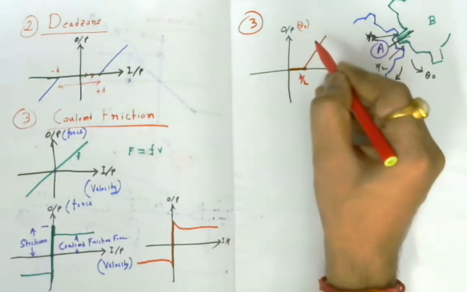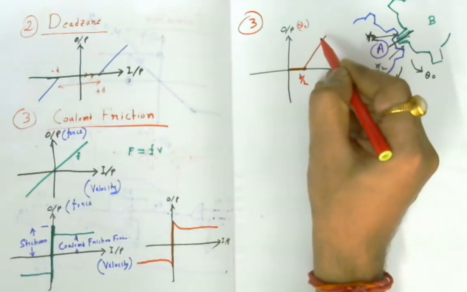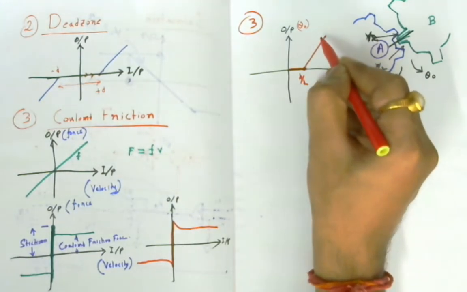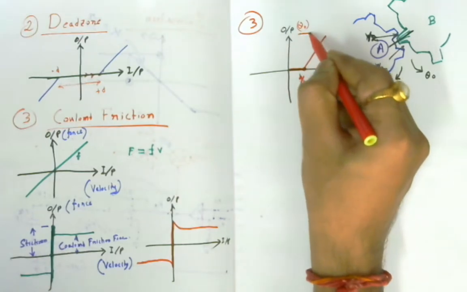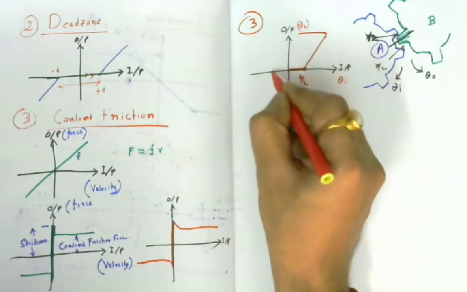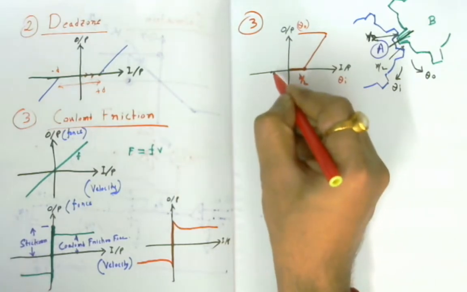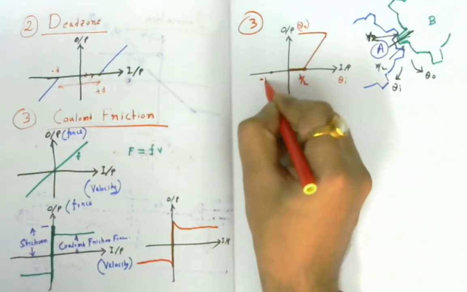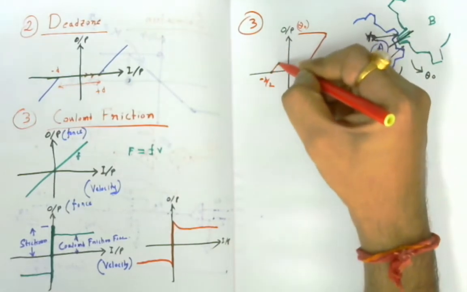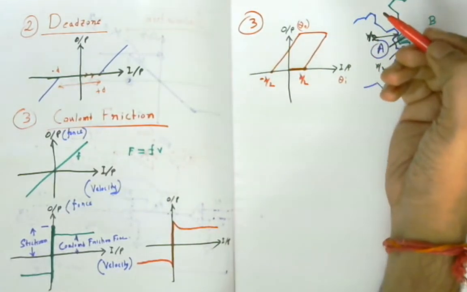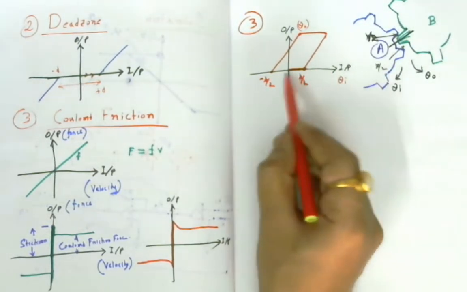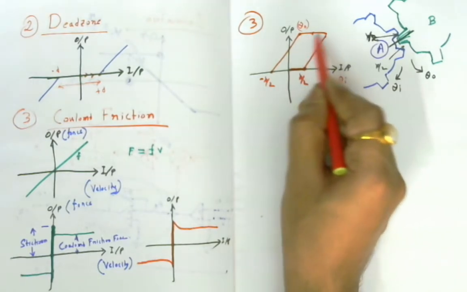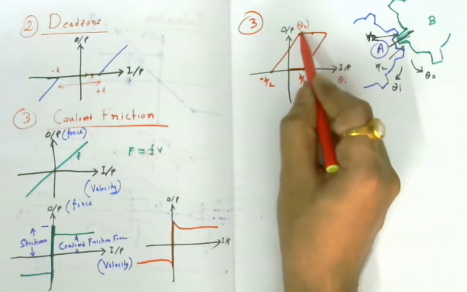For the reverse direction, it has to travel at least B by 2 plus B by 2, that means B. It has traveled a total B distance.